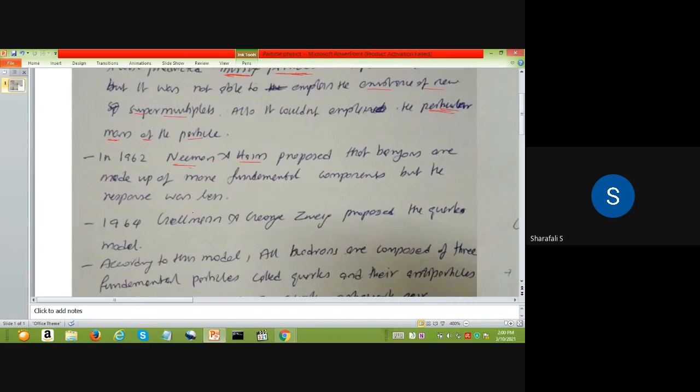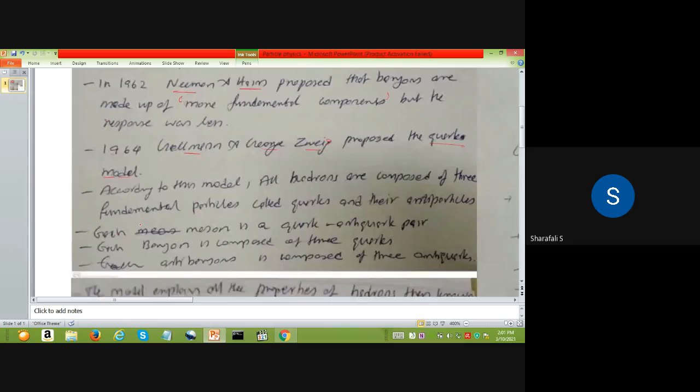And in 1964, 2 years later, Gell-Mann and George Zweig proposed the quark model, the same kind of concept that the baryons are made up of more fundamental components. They took this concept from that proposal and proposed the quark model in 1964.